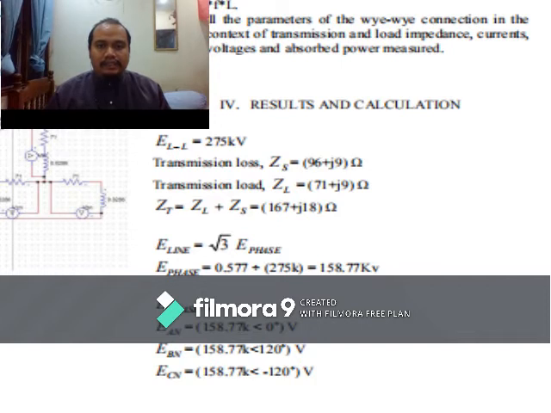As you can see in my report before, Z total equals ZL plus ZS, and I got the value of about 167 plus j18 ohm.